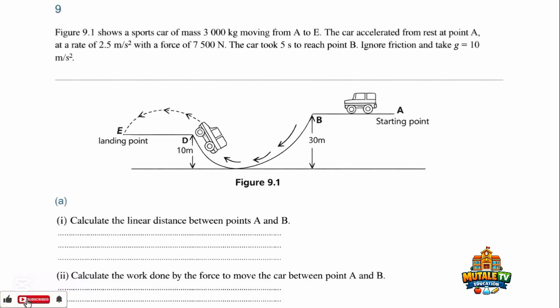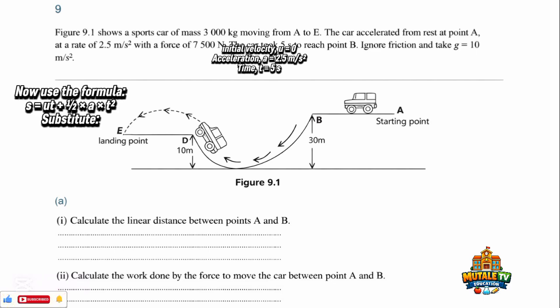Question 9, 1. Reads: calculate the linear distance between points A and B. We are told the car starts from rest, so initial velocity u equals 0. Acceleration a equals 2.5 meters per square second. Time t equals 5 s. Now use the formula s equals ut plus 1/2 times a times t squared.